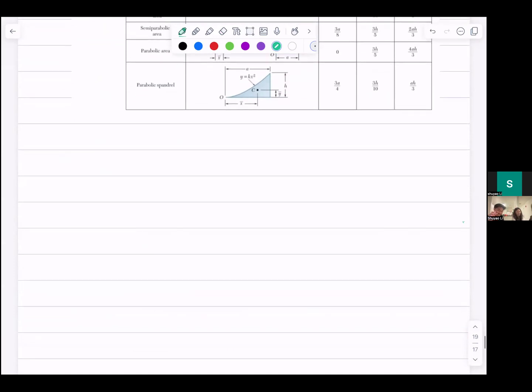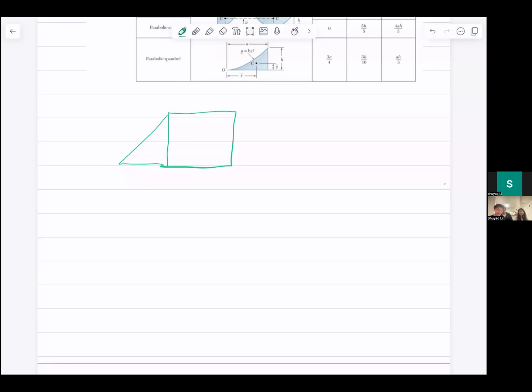Composite bodies. For composite centroid, basically you're going to find, let's say this is number one and this is number two, the first centroid and then the second centroid, and then for the composite centroid, you just add these two together.